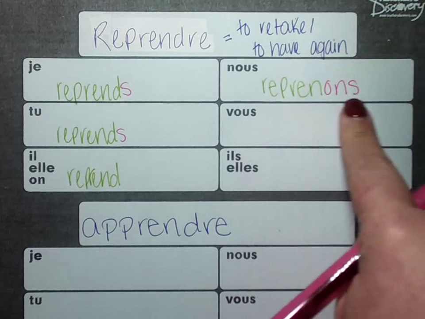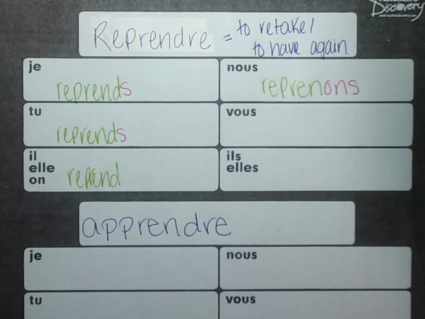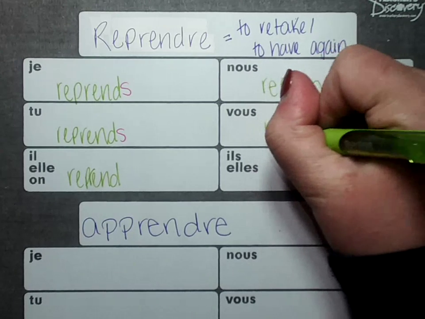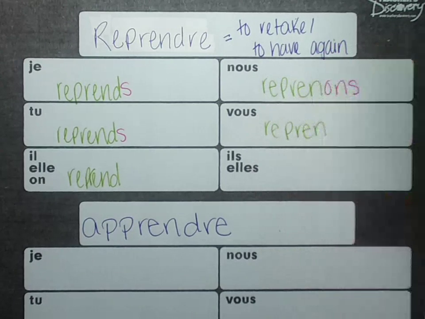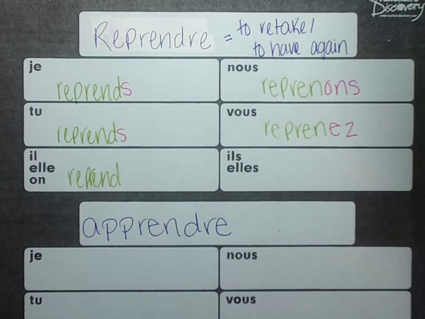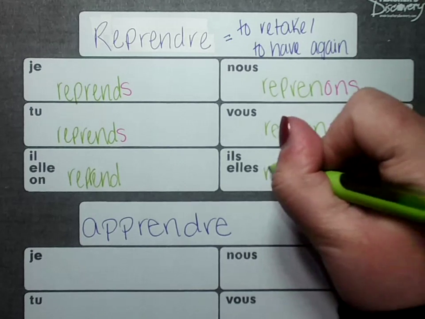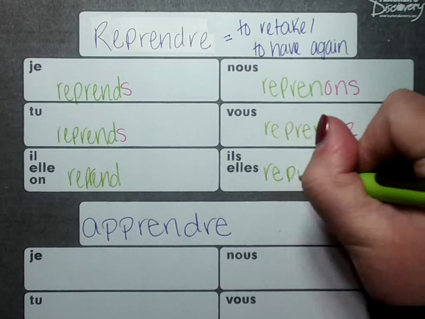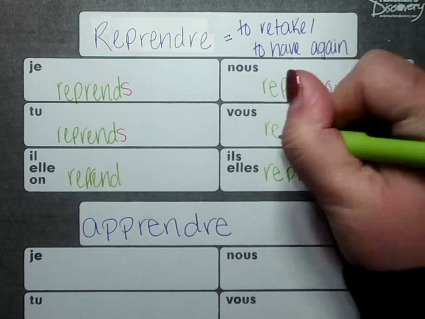So reprenons. All right, next is vous. Add your ending on. Remember, vous, so easy. So we have reprenez. Write your stem for ils and elles plural.